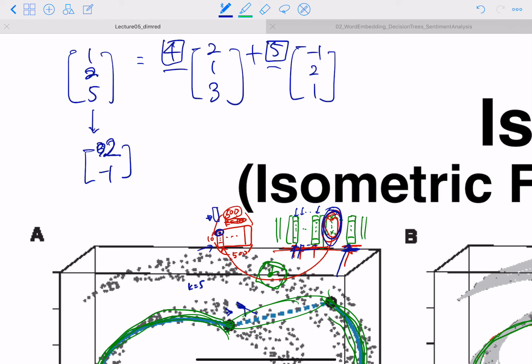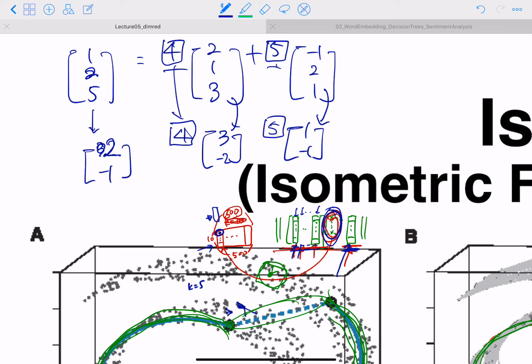I'll just give a random number, maybe 3, negative 2, and maybe 1, negative 1. Suppose these are the corresponding low dimensional representation. Here we fix, or we bring, this linear combination coefficient, because that is determined from the high dimensional space, and then we assume that these linear combination coefficients are preserved.